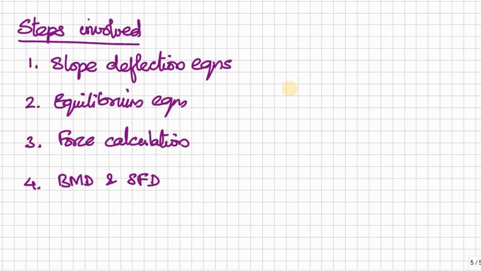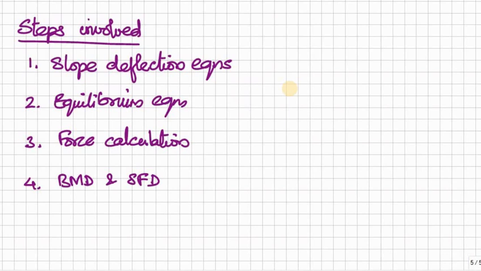So, in general, these are the steps involved in analyzing an indeterminate structure using slope deflection method. First, we have to find out the slope deflection equations. We have to formulate. So, while formulating, we have to find out the fixed end moments and support conditions, everything we have to consider.